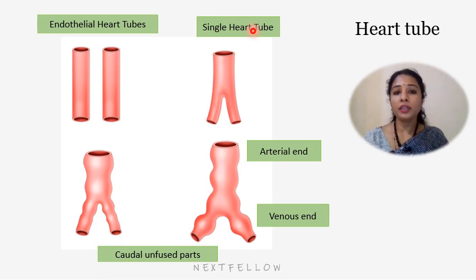The heart begins to beat by the 22nd to 23rd days of gestation, when we can hear the heart sounds, and blood flow begins during the 4th week. So initiation of development of the heart tube is during the 3rd week, and it starts functioning by the 22nd to 23rd days, and the blood will flow through the heart tube during the 4th week.